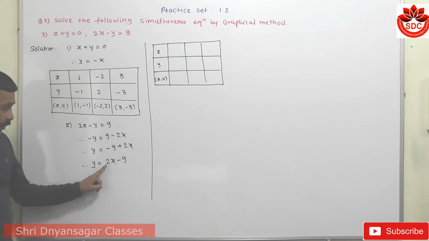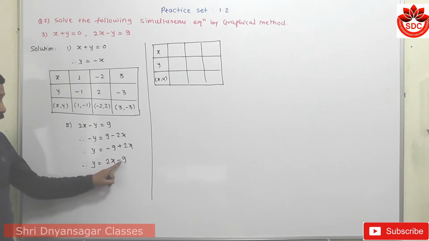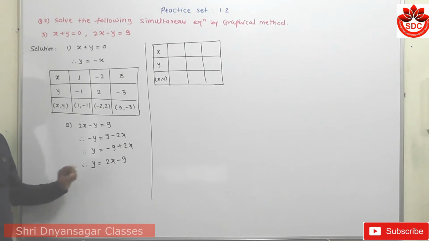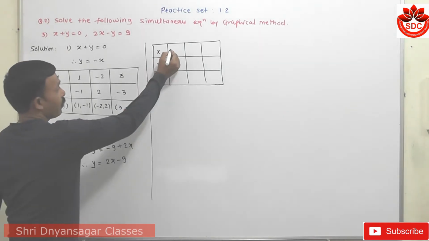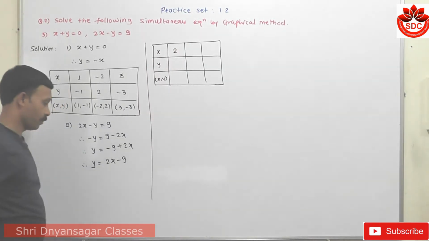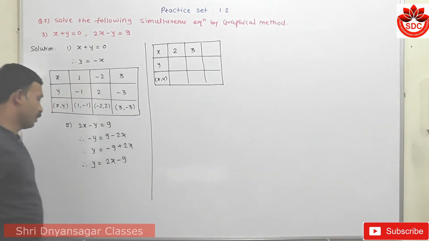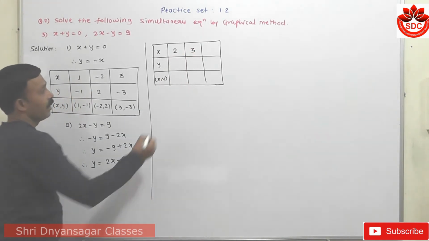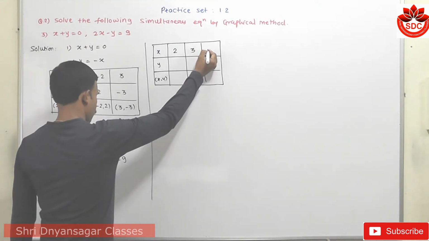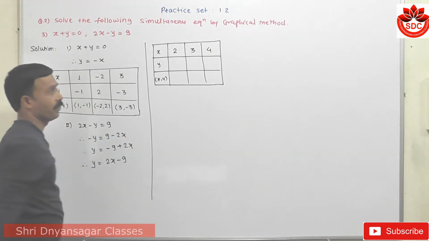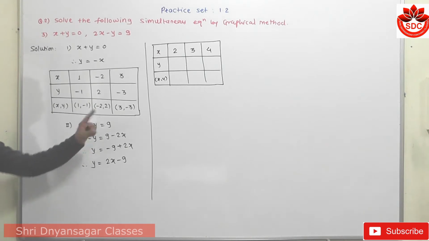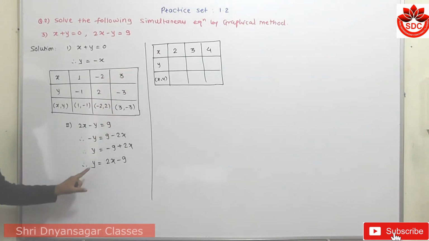Suppose we take 2, then 2 times 2 is 4, 4 minus 9 gives a reducible value. So the first one I take is 2. Then 3. Then 4. Okay. Then we find the value of y by using this equation.